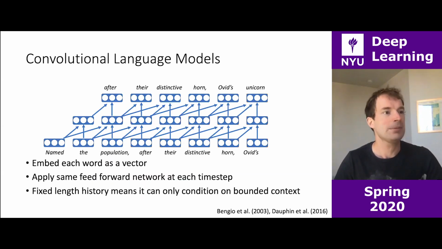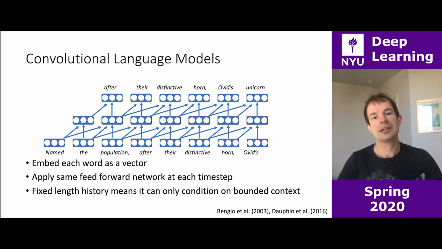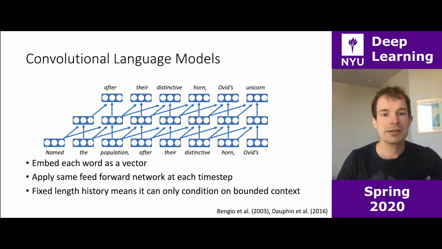So the first approach people took for this is basically convolutional models. These convolutional models encode this inductive bias that language has this translation invariance property, in that we should interpret a phrase the same way no matter what position it occurs in.